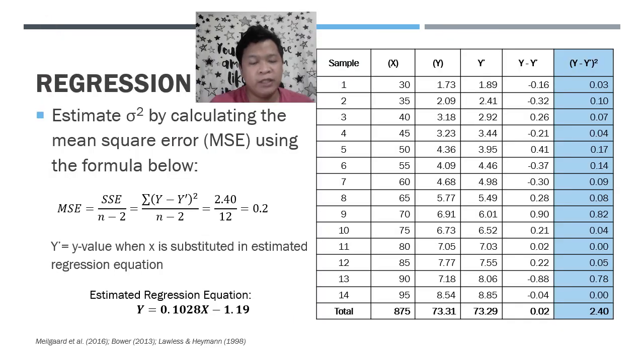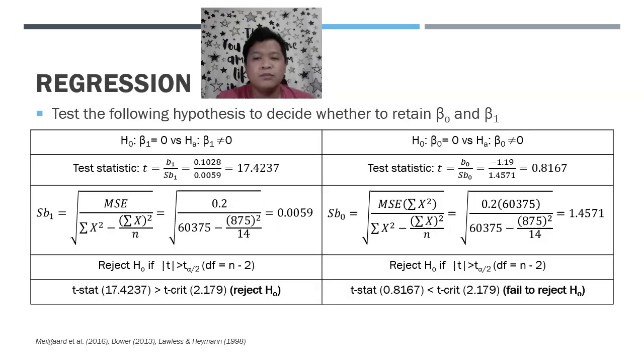So we could estimate variance from the mean standard error. In this case, a lower value is considered better. So in this case, to test whether we are to keep both the slope and the intercept as part of the equation, we individually test them using the following hypothesis and equations.